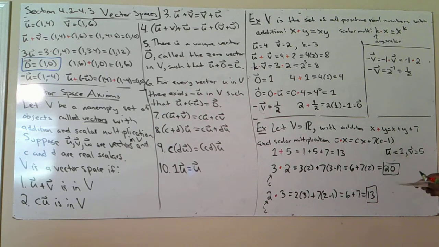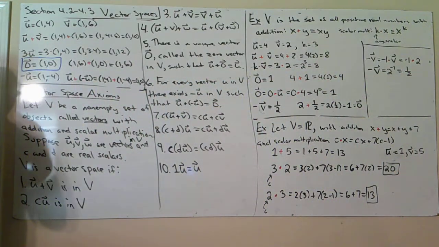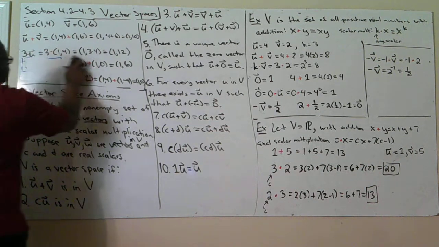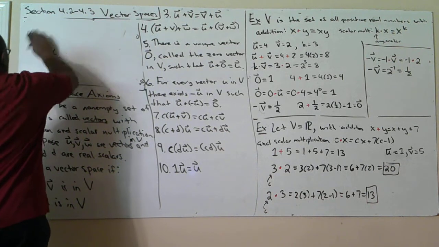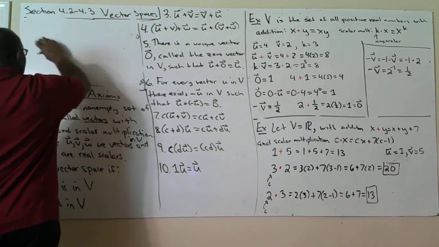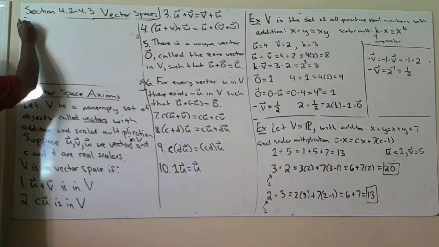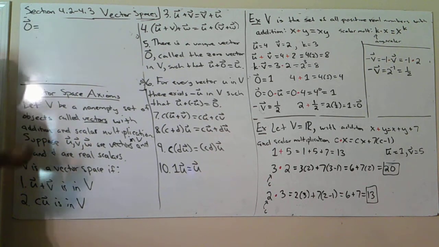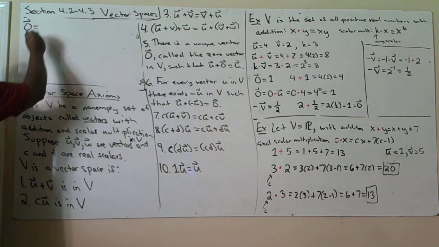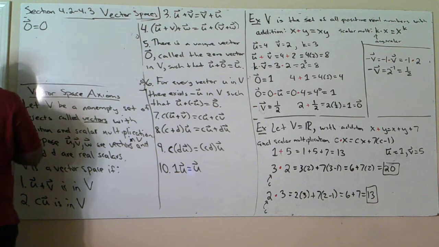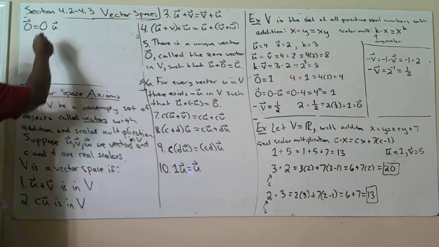All right. What is the 0 vector? Well, I already told you that this is a vector space. So since this is a vector space, I can do 0 times u, right? I just picked the u that I have over there, 0 times u.